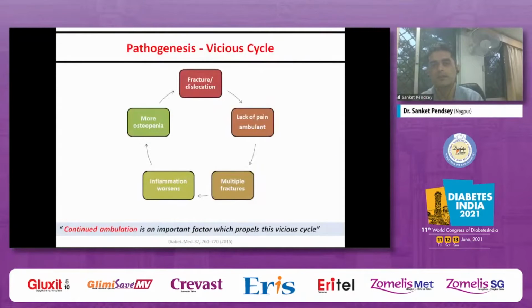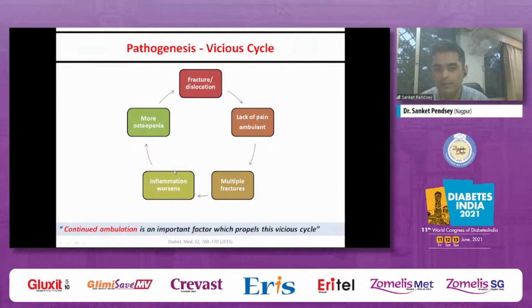So with this, I would like to move ahead to briefly cover one or two slides about Charcot foot. Once the initial fracture or dislocation occurs, because of lack of pain due to peripheral neuropathy, the patient continues to walk. This walking leads to further fractures, dislocations, and ligament ruptures. This leads to development of inflammation.